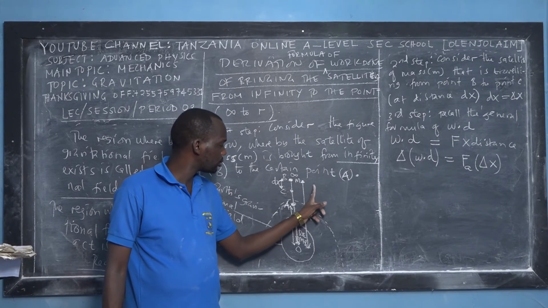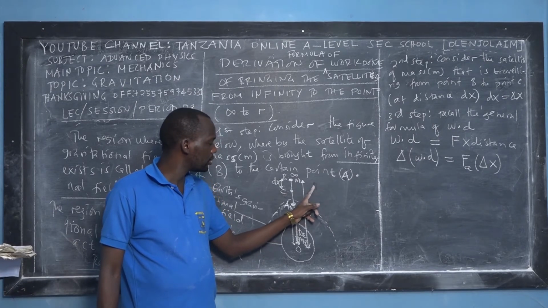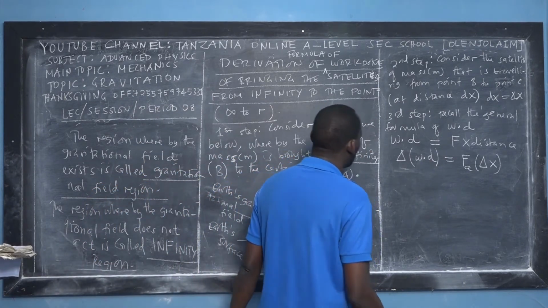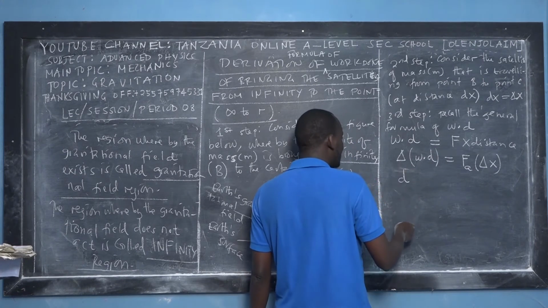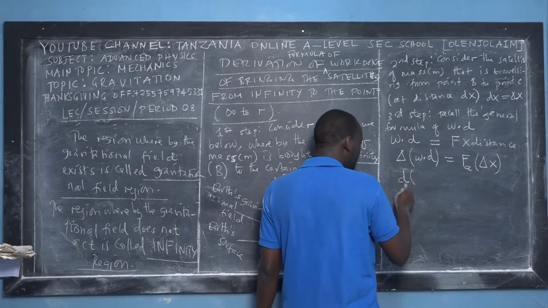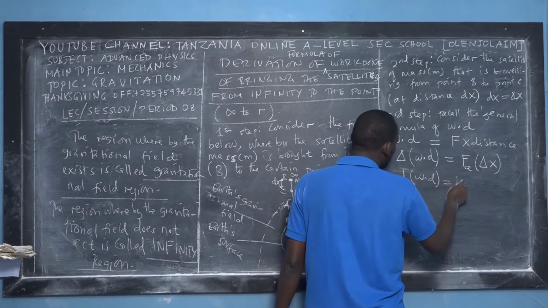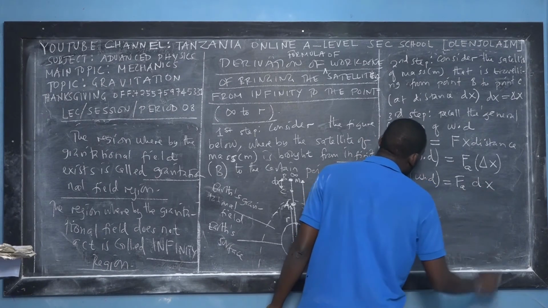For example, the satellite was here, and it moved just a small distance like this. So this is point B, this is point C. In physics we replace delta with d for the work done, and the small distance is dx.